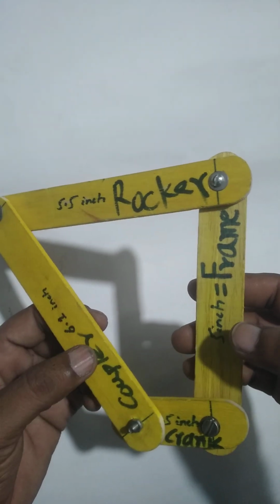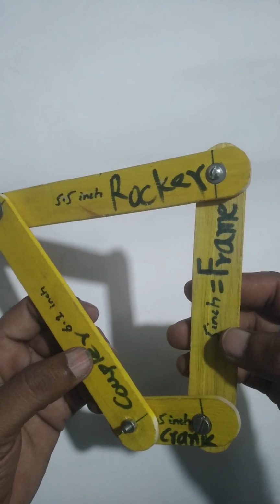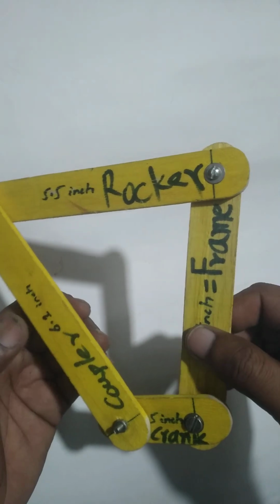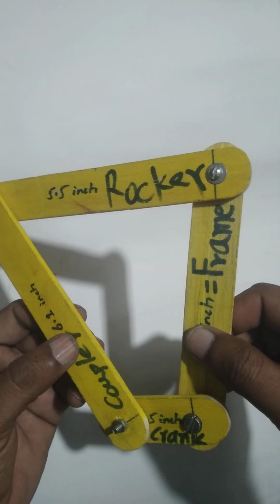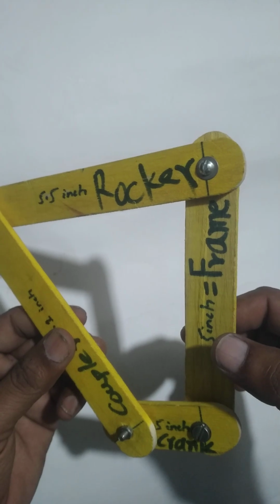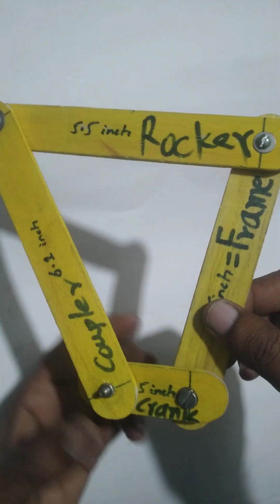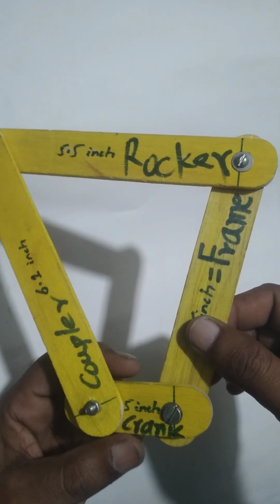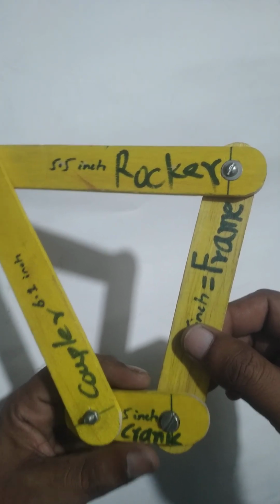So these are called non-distinct invariants. There are two non-distinct invariants in which the frame is stationary in the first, and in the second non-distinct invariant the coupler link is stationary or grounded. Both of these invariants are non-distinct, whereas the invariant where the crank link or the smallest link is stationary is a distinct invariant.